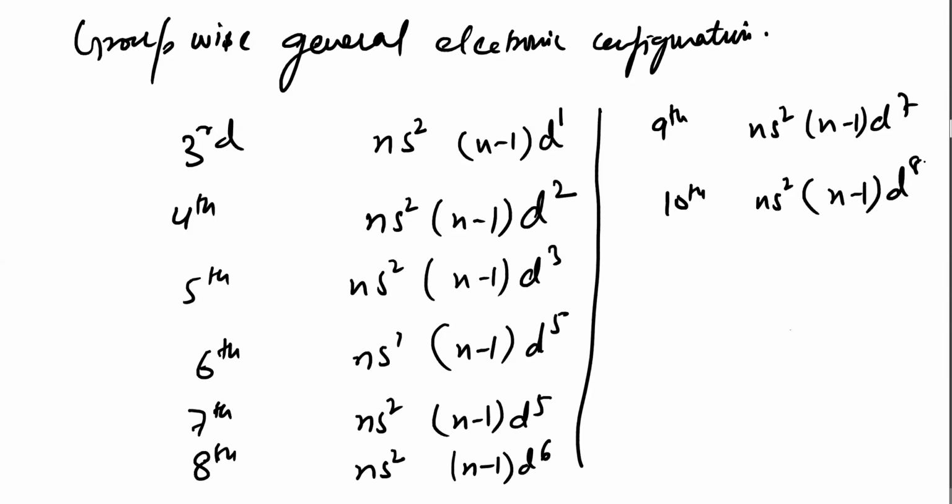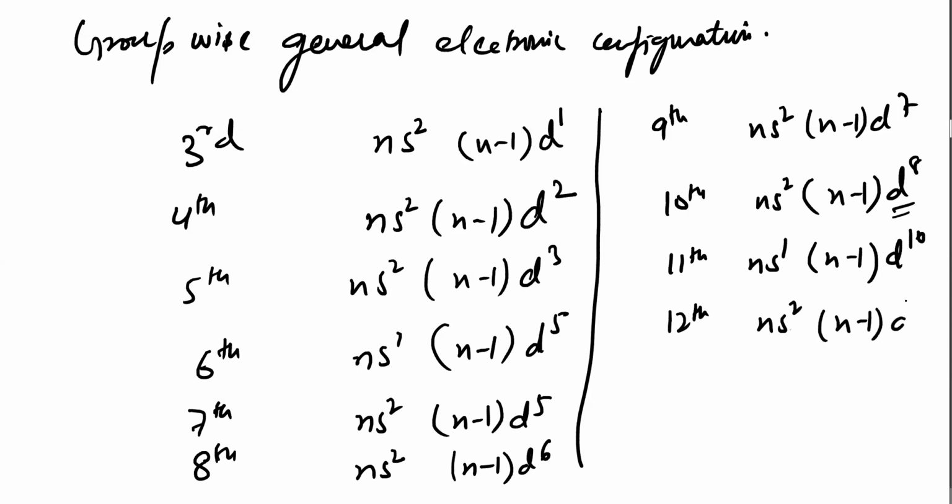But there is an exception, d8 was not there, in case of that we were discussing 57, 46. So similarly in the 11th group it will be ns1, then again 9 will not be there, this will be (n-1)d10. Then in the 12th group it is going to have ns2 (n-1)d10.